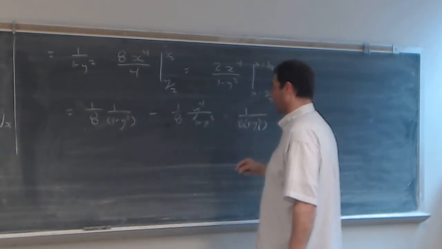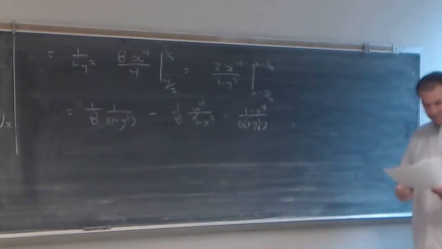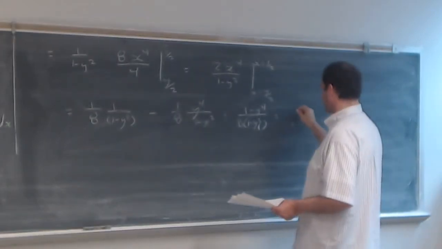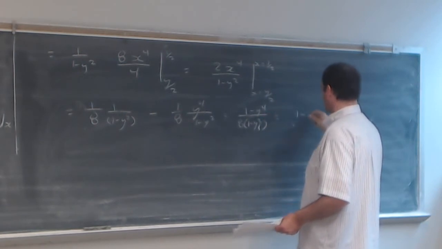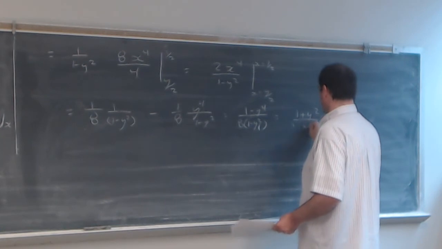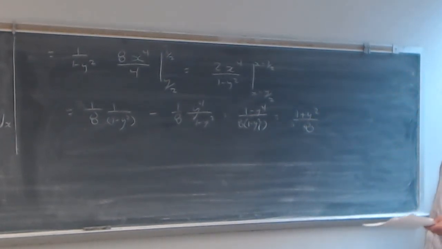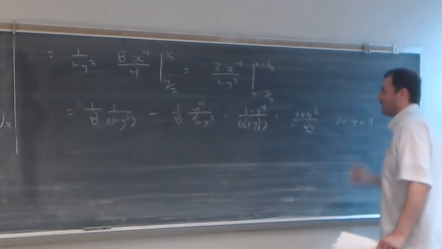They have the same denominators, so we get 1 minus y to the 4th over 8 times 1 minus y squared. That simplifies: 1 minus y squared times 1 plus y squared, so it's 1 plus y squared over 8. And y runs from 0 to 1.